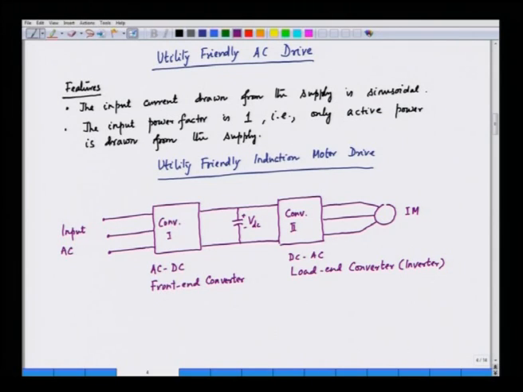So, these two converters are joined by means of a DC link, and the DC link contains a capacitor, and the capacitor maintains that particular voltage at VDC.